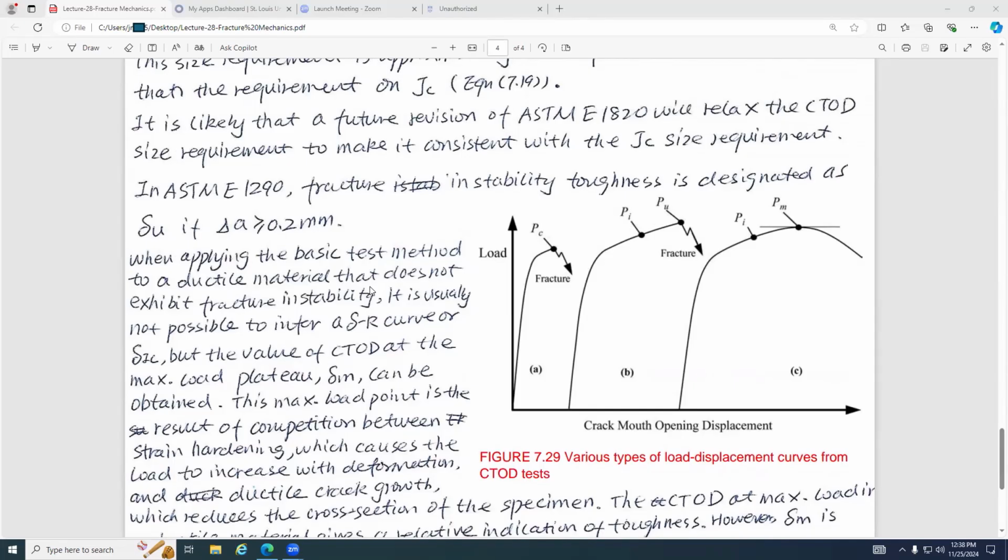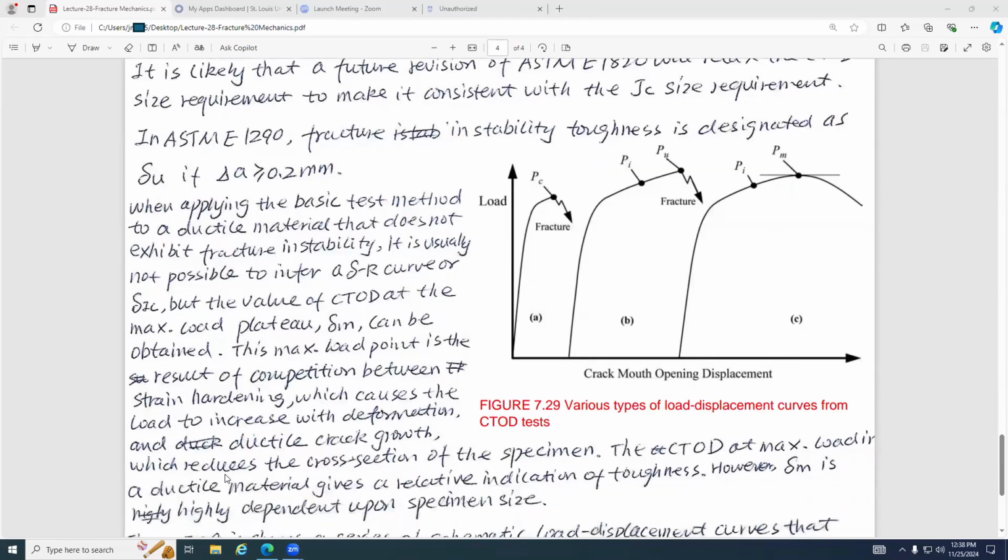It is usually not possible to infer a delta R curve or delta IC, but the value of CTOD at a max load plateau, delta M, can be obtained. So this maximum load point is the result of competition between strain hardening, which causes the load to increase with the deformation, because the crack is growing also, and the ductile crack growth, which reduces the cross section of the specimen.